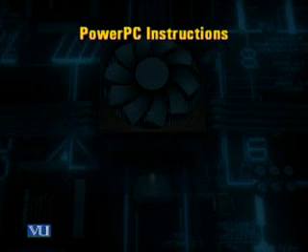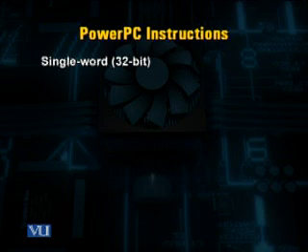Let us have a look onto the instructions of PowerPC 750 microprocessor. The instructions of PowerPC 750 are encoded as single word of 32 bits. The instruction formats are consistent among all instruction types, permitting efficient decoding to occur in parallel with the operand access.